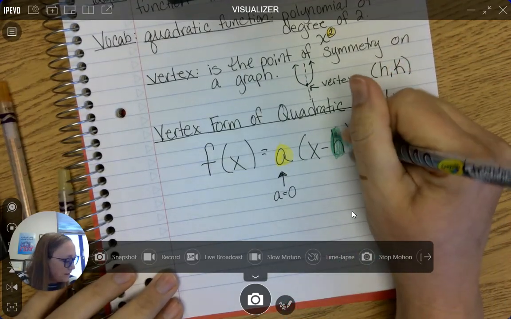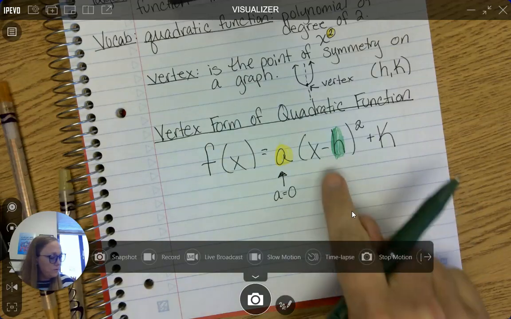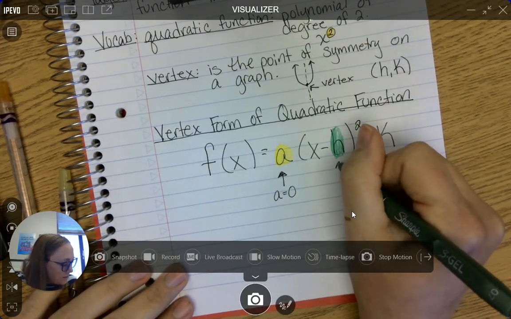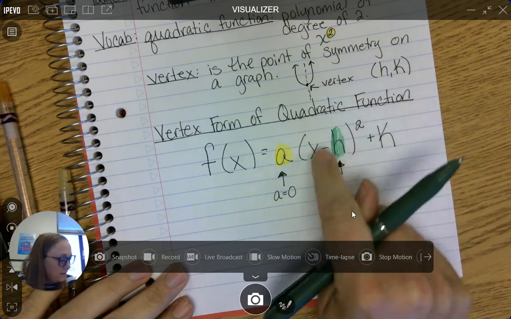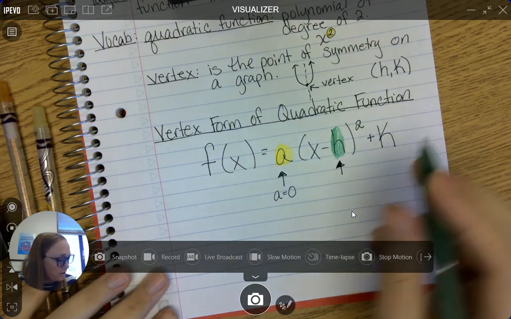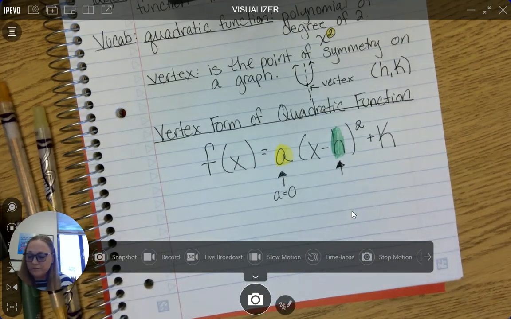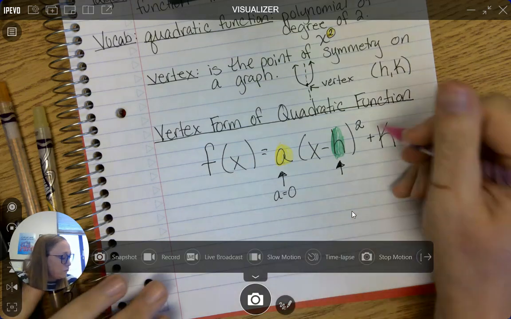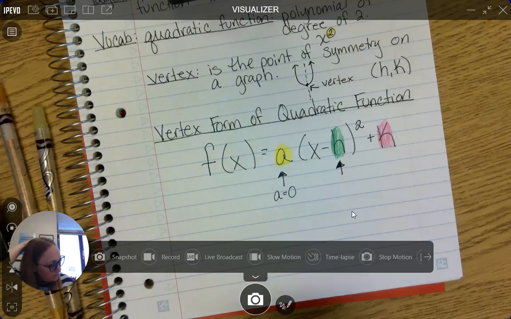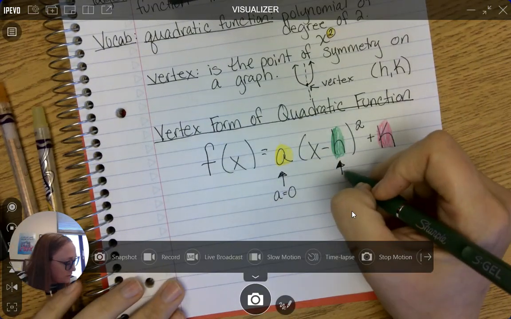So we'll be looking at that number here. You do have to be careful with the sign. Remember, the formula is telling us that this is what we need to trust. And so we need to be mindful that the sign should always be a negative here, and if not, we're going to have to do a little bit of work, or a little bit of thinking at least. And then, of course, our k. So these 3 points in this formula are going to be very helpful to us.